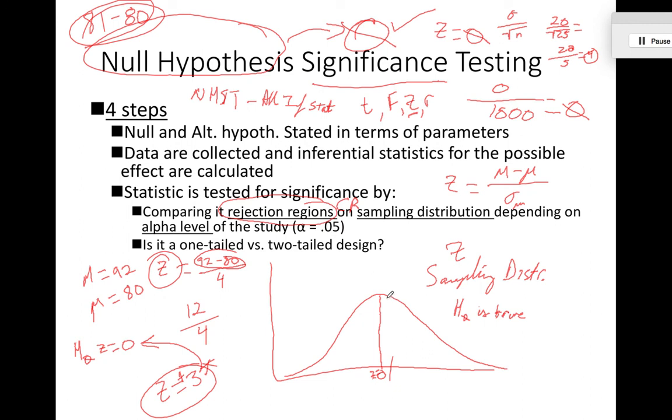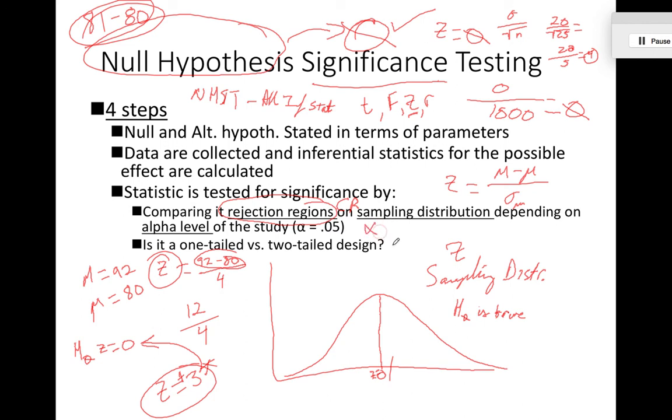The regions of rejection are going to depend on what we call alpha level, sample size, and also this idea of a one or a two-tailed design. So again, regions of rejection or critical region is going to depend on alpha level, one or two-tailed design, and sample size.